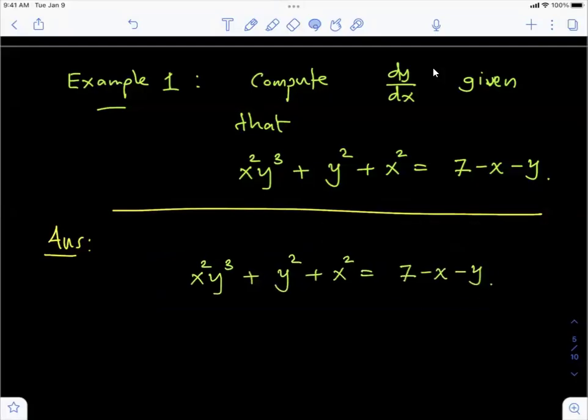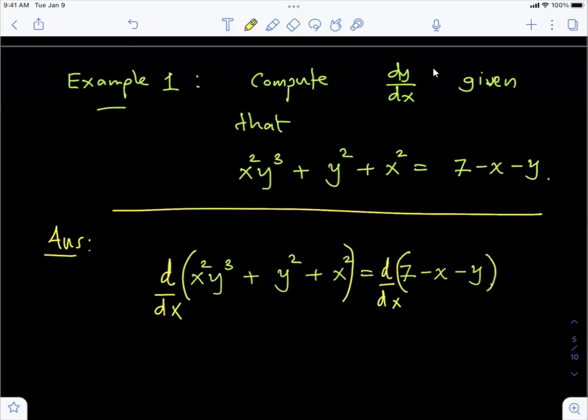And then in the next step, this is what I'm going to do. I'm going to place d by dx, not dy dx. Don't get it wrong. D by dx in front of the left side. And when I do this, don't forget this is an equation. Whatever you do to the left side should be done to the right side. So I will put d by dx in the right side too.